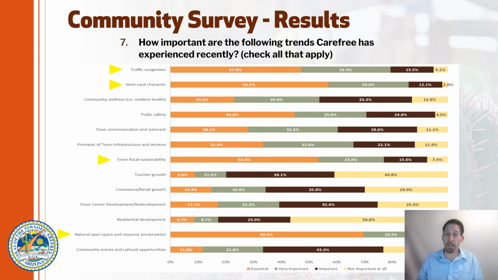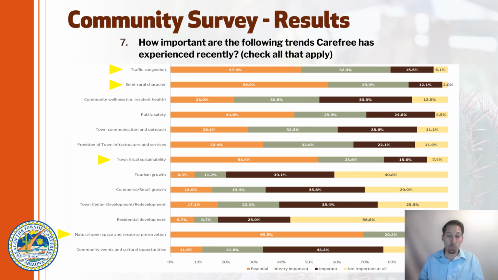Question 7 was a very involved question in terms of it gave many different trends that are existing in or around Carefree today. And so we wanted to report on all of the results for this particular response rather than some type of weighted average. So you can go into the survey report that I mentioned before and look at these responses in a little more detail, because I know on this particular slide it's a smaller font.